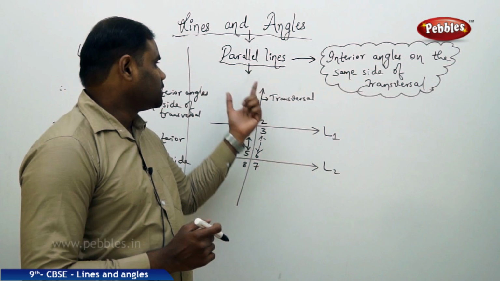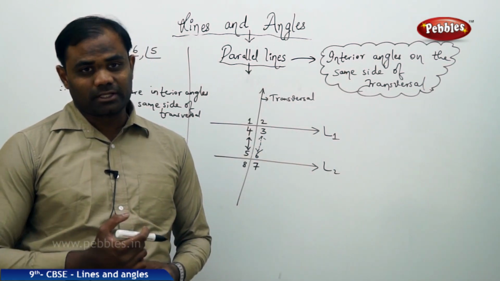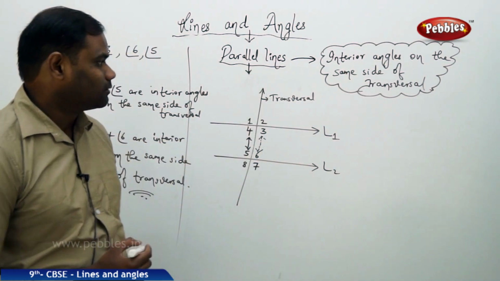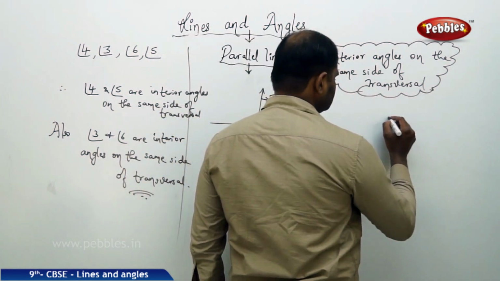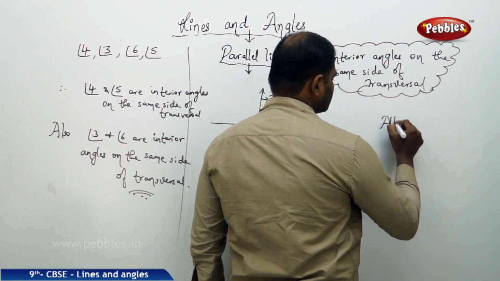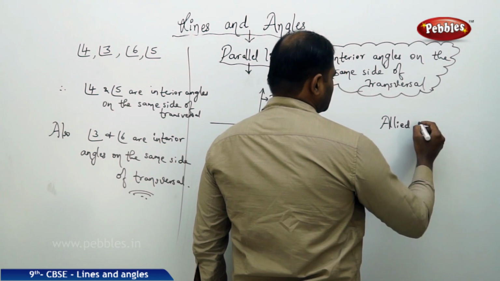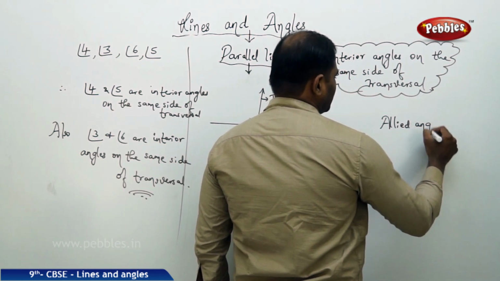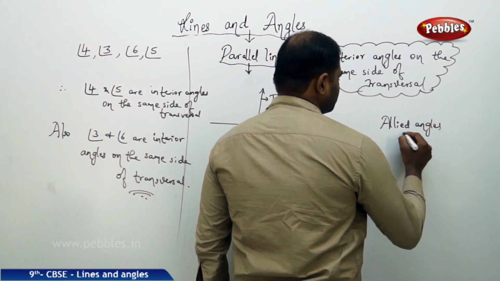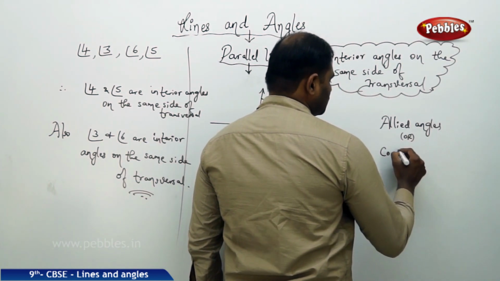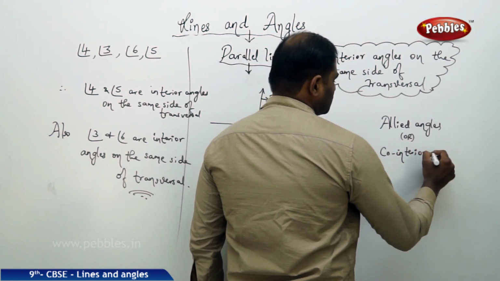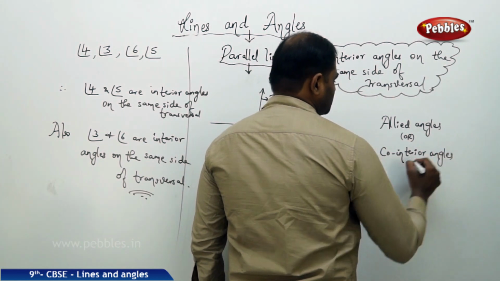Also, the interior angles on the same side of transversal are referred to with the names allied angles, or they are also referred to as co-interior angles.